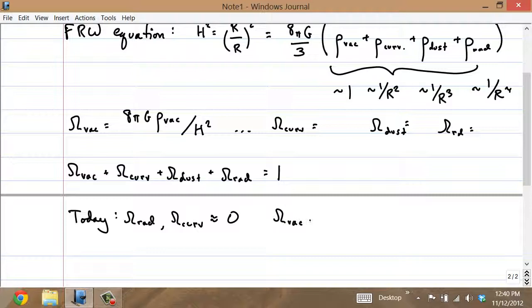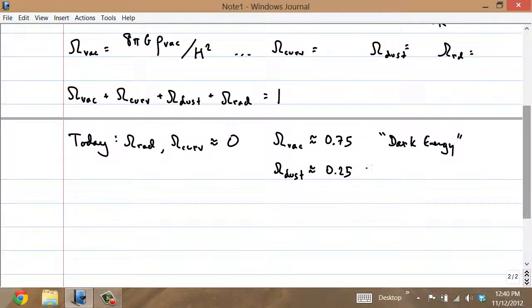Omega vacuum is about 0.75, meaning that 75% of the energy in the universe is contained in this mysterious vacuum energy, sometimes referred to as dark energy. And the energy density of normal matter is about 0.25. So it makes up about 25% of the matter content of the universe.